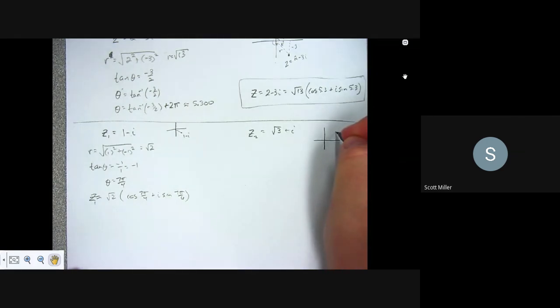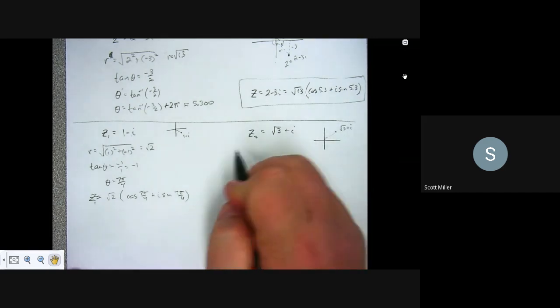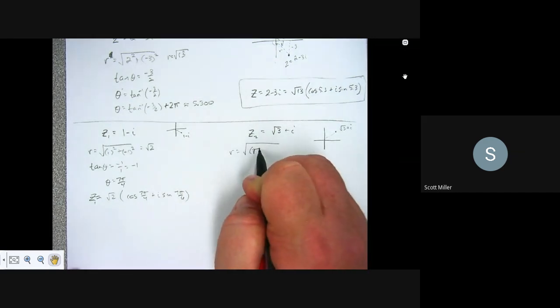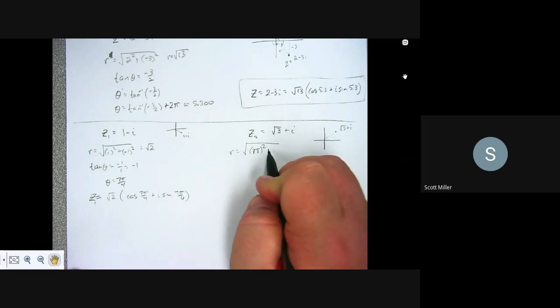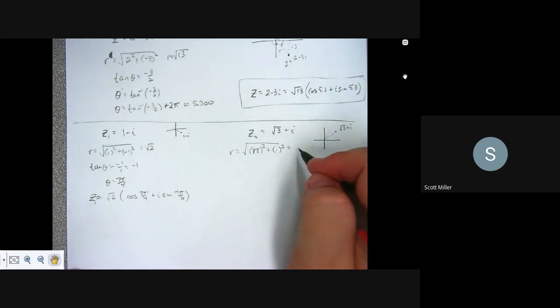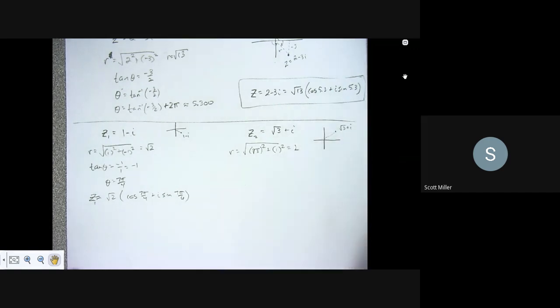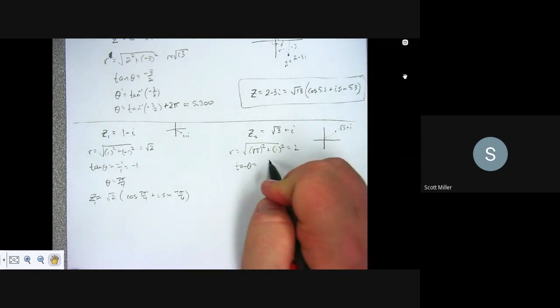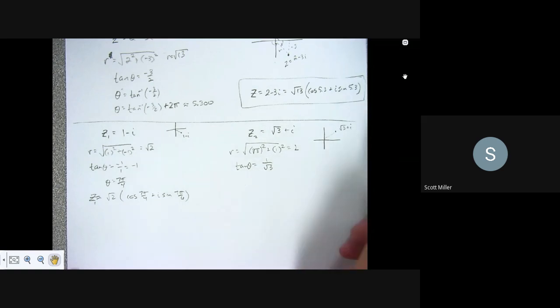Square root of 3, 1. So this one is in quadrant 1, which makes it a little bit easier. So my r is going to be the square root of the square root of 3 squared plus 1 squared. And so that's going to be a 4, so it's 2. The tangent of theta is 1 over radical 3.